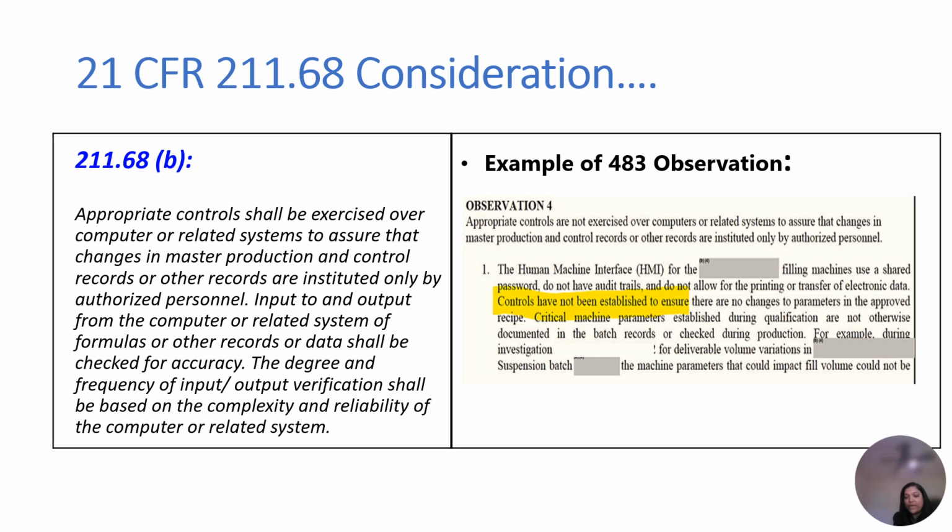If the firm failed and gave operator level access to an operator where they have the ability to alter critical process parameters, then this citation will play a role, because those are critical process parameters affecting product performance and eventually risk to the patient. So they have to make sense from a patient risk perspective.